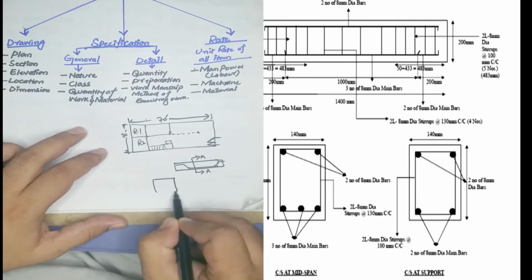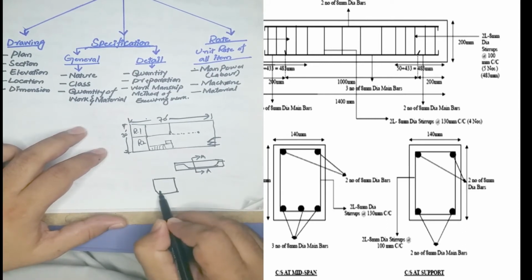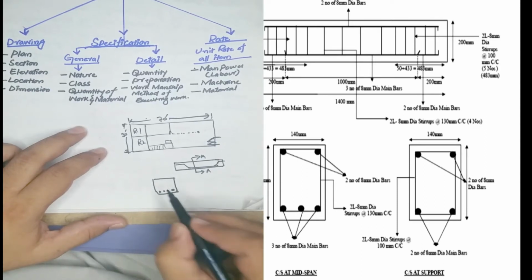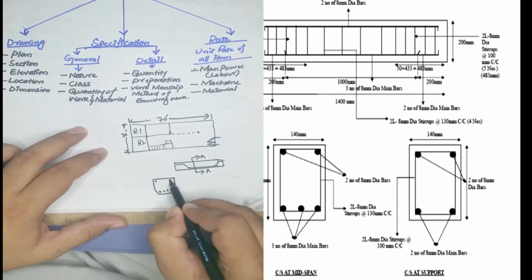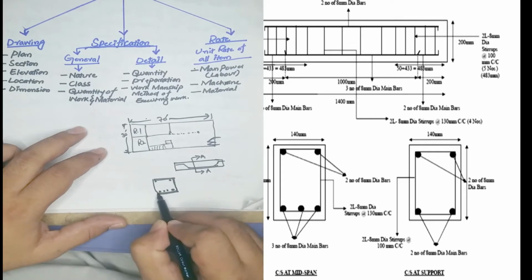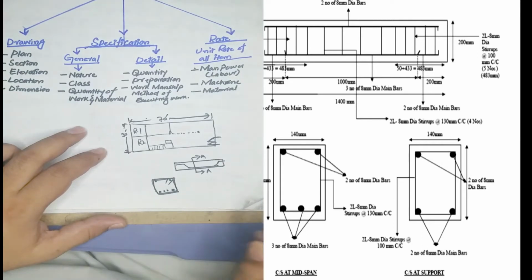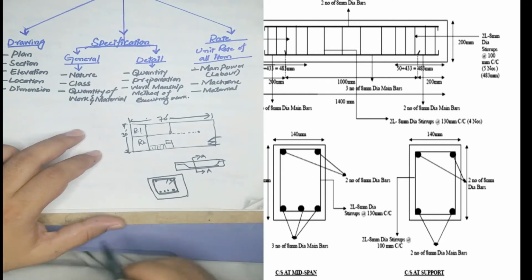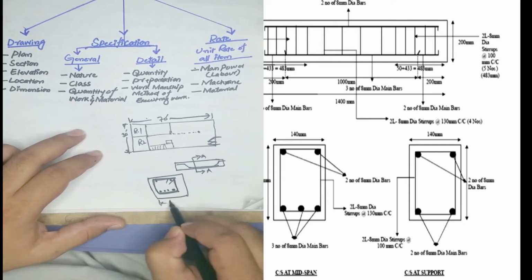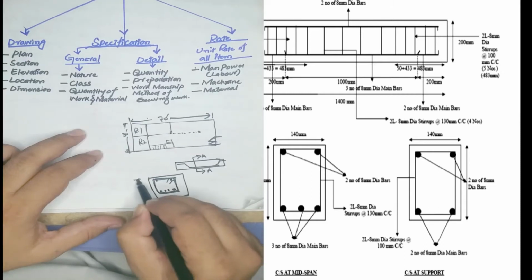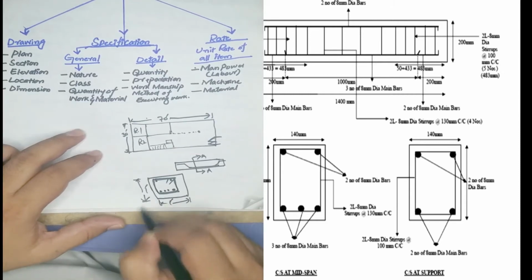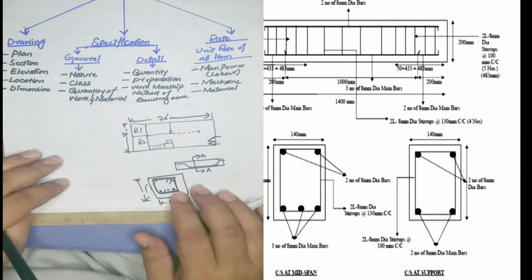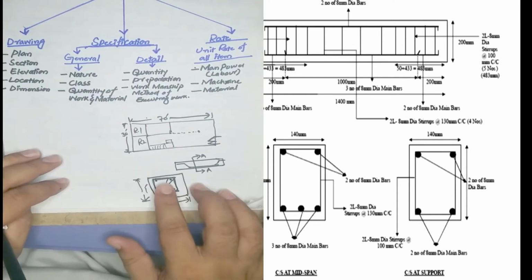This is the main longitudinal bar, this is the bend up bar, these two are anchor bars, and this one is the hook. This is the cross section of a 1 feet by 1 feet beam, having a bend up bar, main bar, and anchor bars.